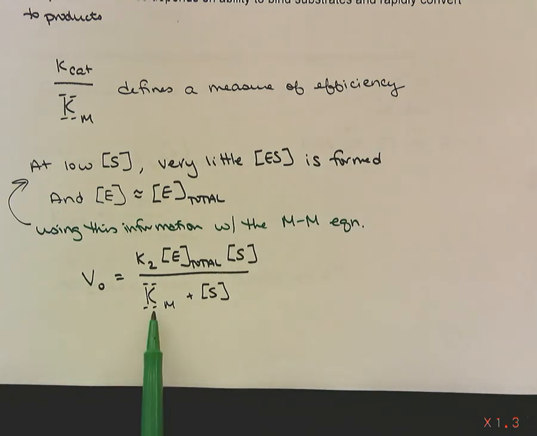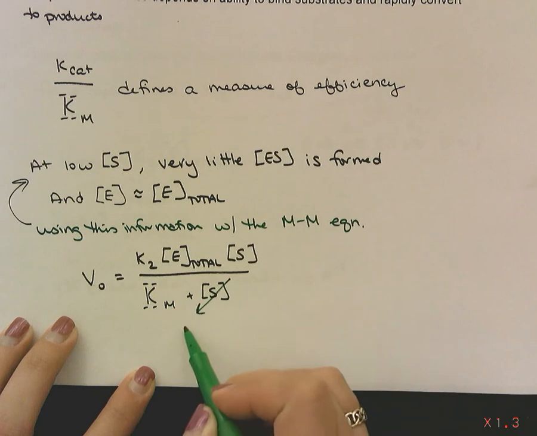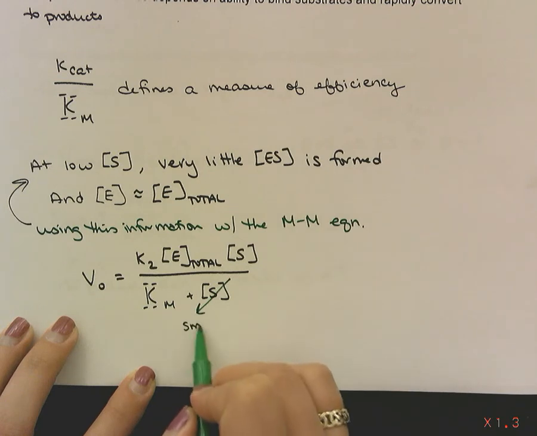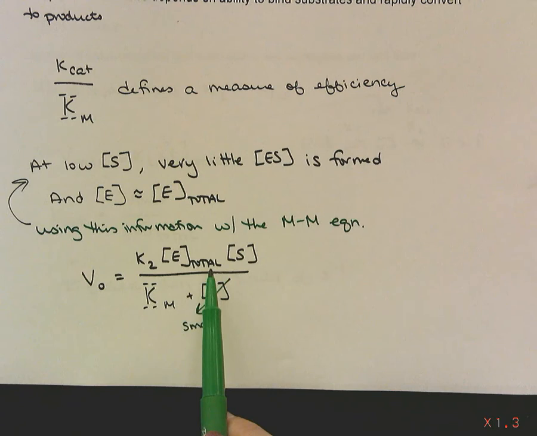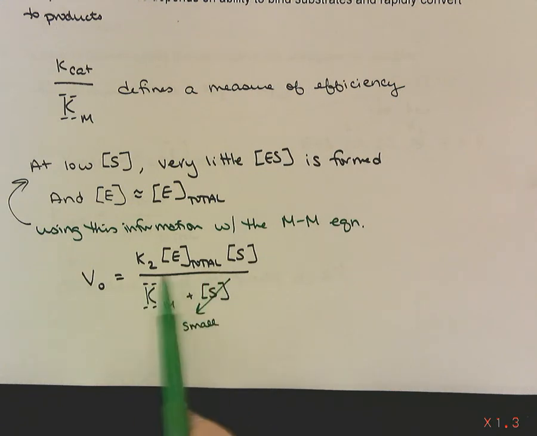in this denominator, I said if I'm at low substrate concentration, the denominator is going to be mostly defined by the Michaelis-Menten constant, because this is a small number. I can't eliminate it from the numerator because it's being multiplied by it, and so it's going to be close to 0, but if I multiply it by 0, it kills the entire numerator, so I'm just going to leave it up there.